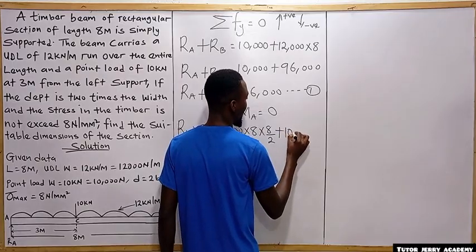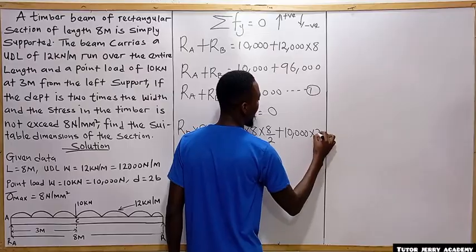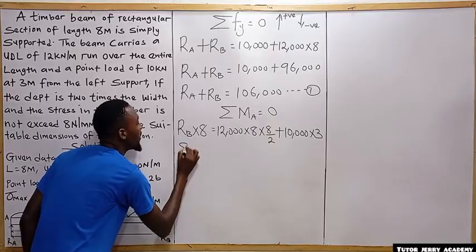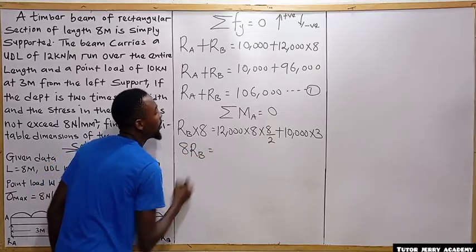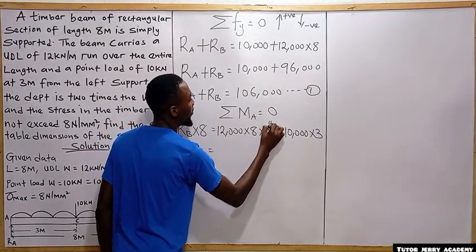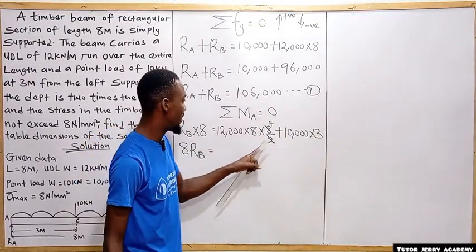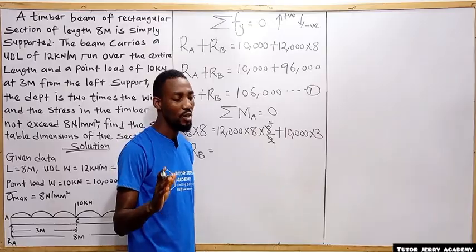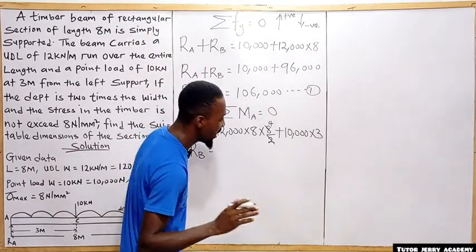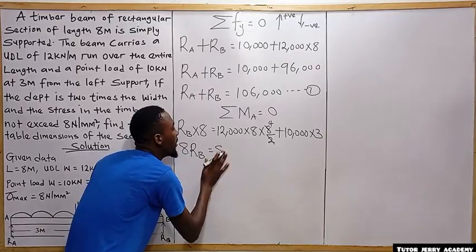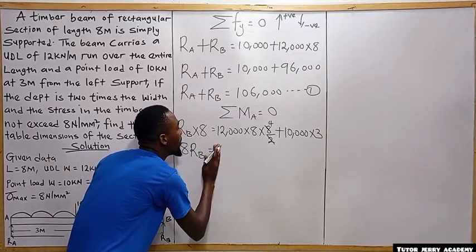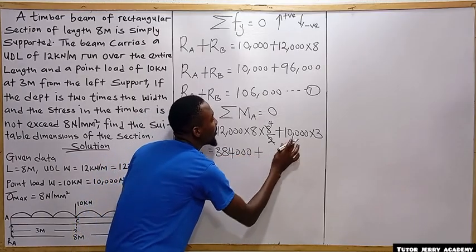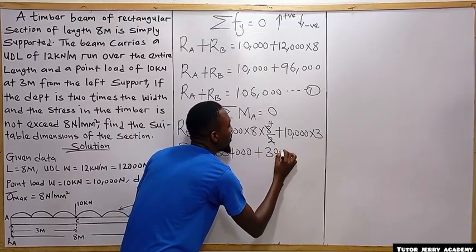So 8 RB equals 4 times 8 multiplied by 12,000, which gives 384,000, plus 10,000 times 3, that is 30,000.